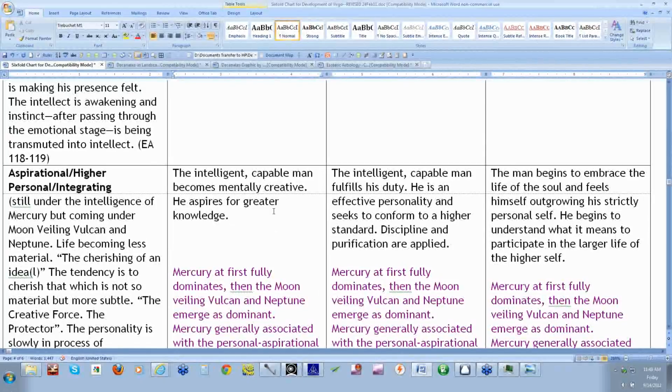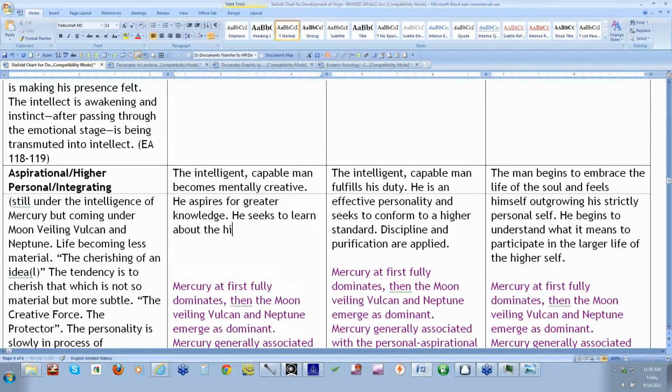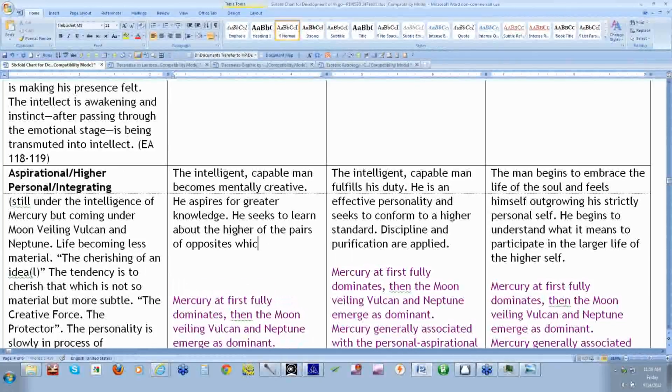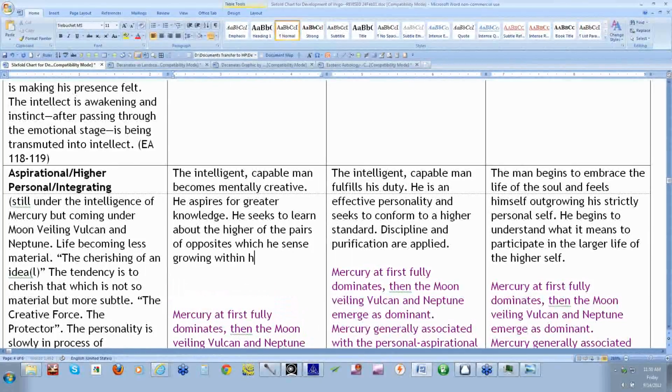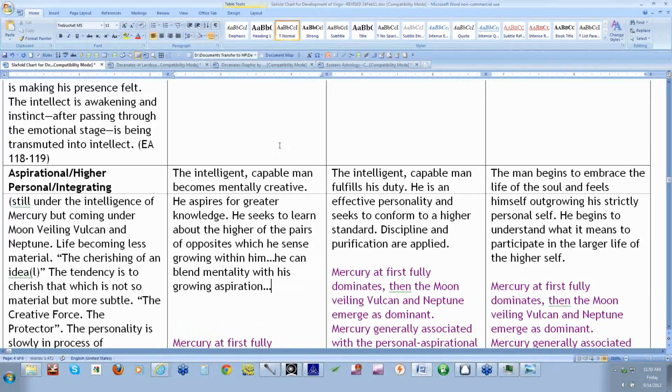He aspires for greater knowledge, and let me just add, he seeks to learn about the higher of the pairs of opposites which he senses growing within him. So if he becomes the aspirant, he can blend mentality with his growing aspiration. That's one way of looking at it.